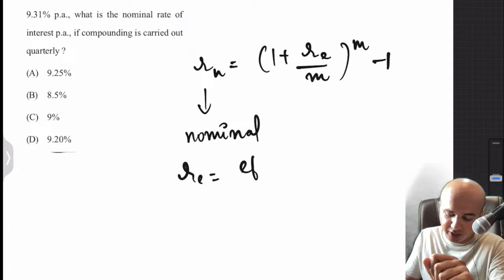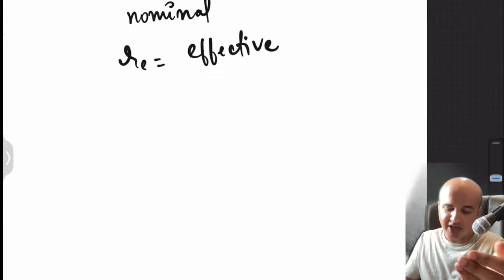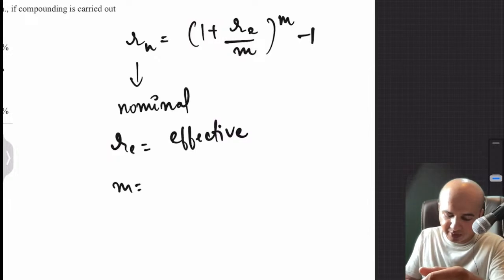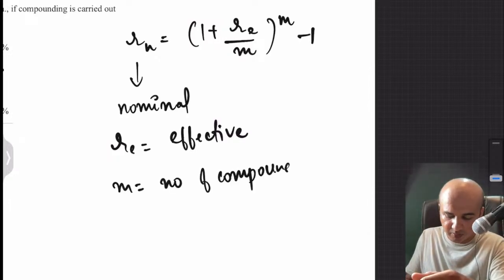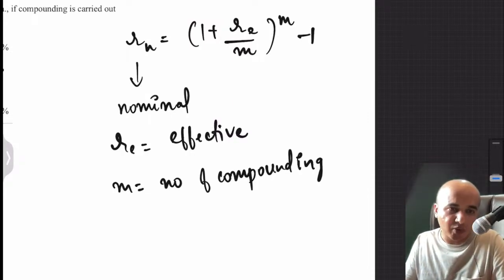Re is the effective rate of interest. That we know because it is given in the problem, which is 9.31. Then what else is there? Then we have m. So m is nothing but the number of compounding periods. That's all. So in this case, how many times are we compounding? We are compounding 4 times. So therefore, in our case, it will be 4.